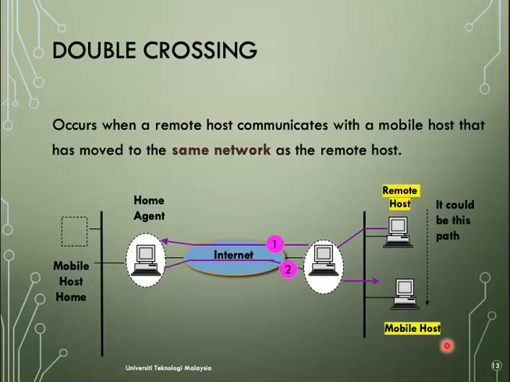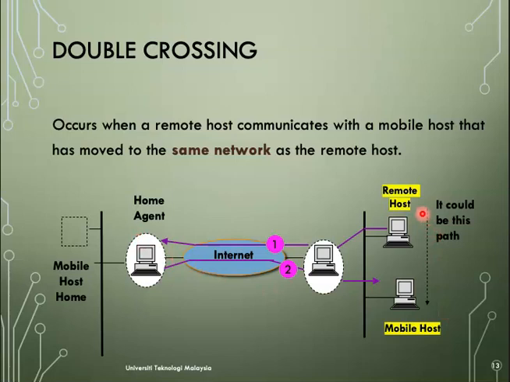So let's say that this mobile host moved to the same network as this remote host. The easiest way is for the remote host to just send the packet to the mobile host using this path. However, the real thing that happens is, when the remote host sends a packet to the mobile host, it will go through the internet twice.